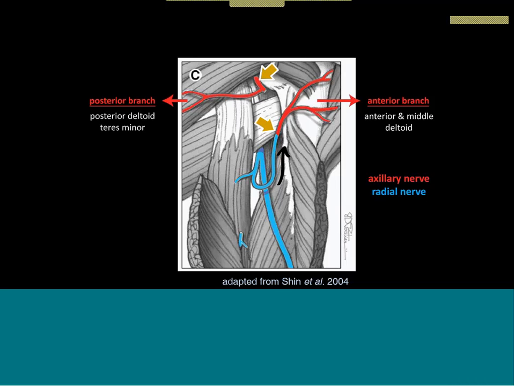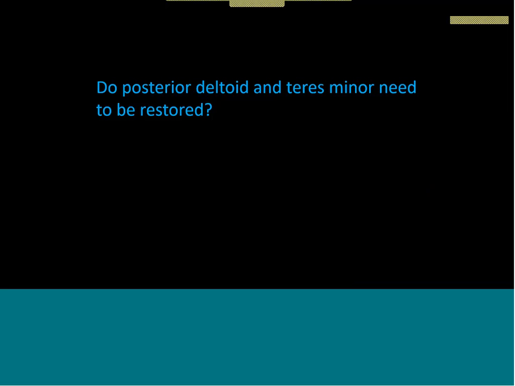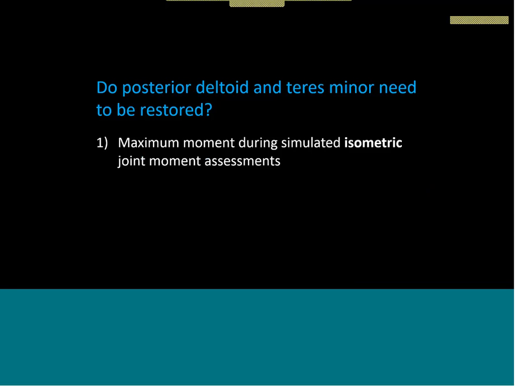That would mean you've had more muscles restored, but it may be at the cost of having a less overall force recovery for the individual compartments because you have the same number of donor fascicles that are available to those muscles. So the question really becomes, do we need posterior deltoid and teres minor, and if so, when?